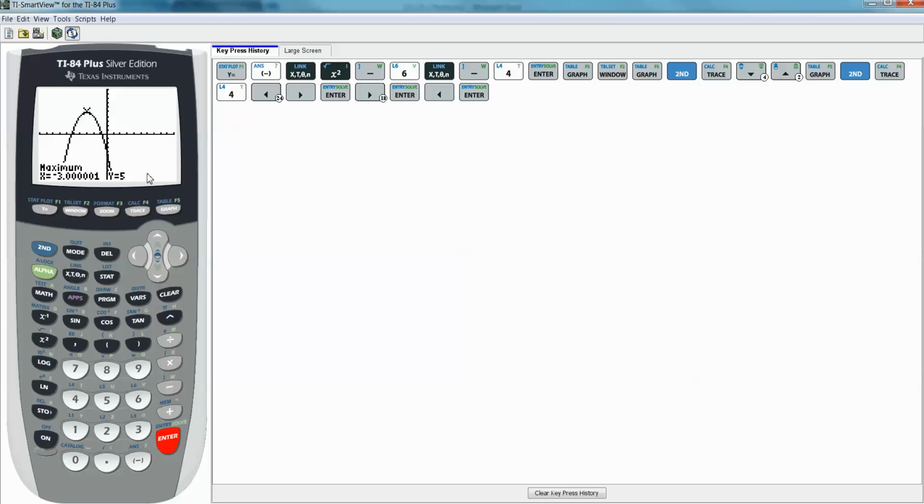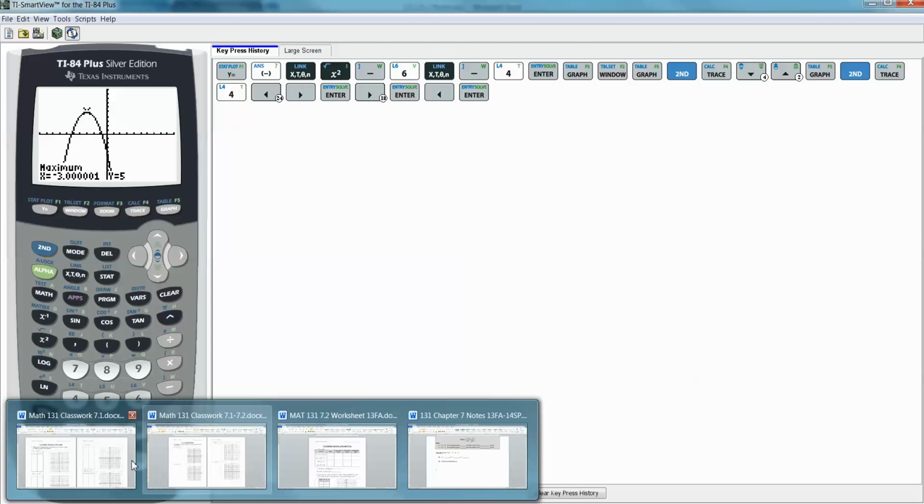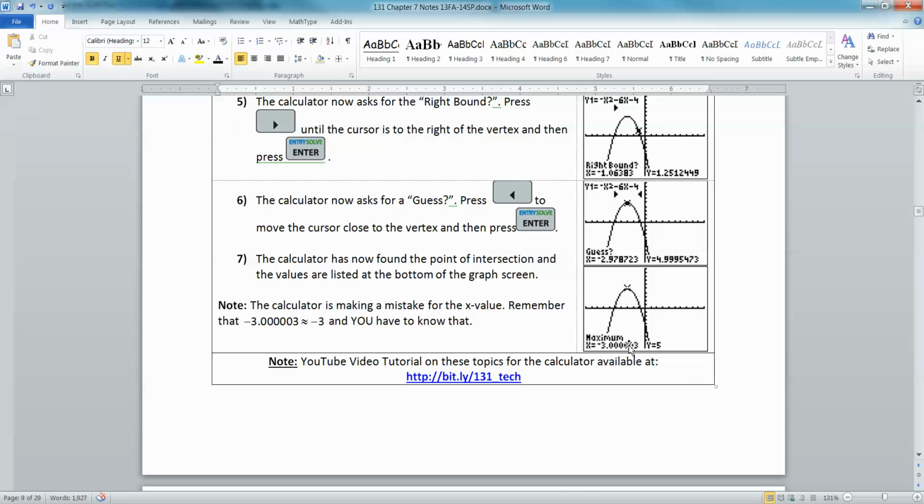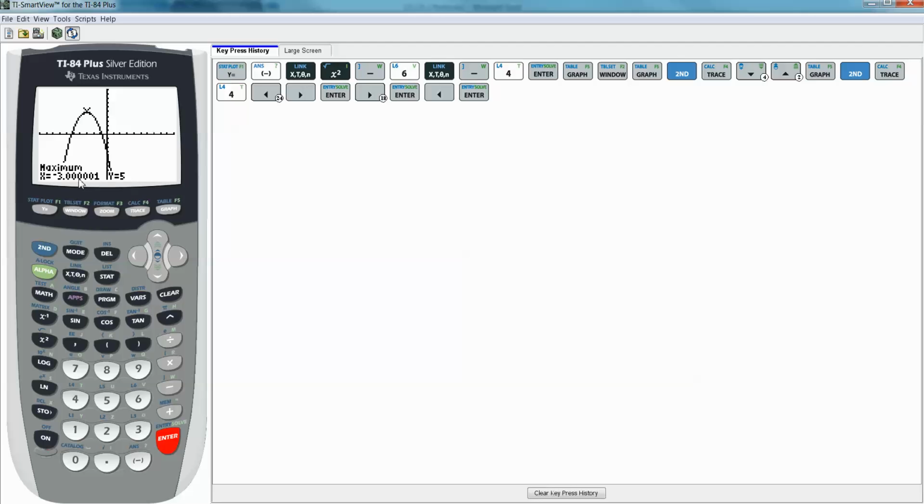And there it is. Now notice it totally messed up. I'm so glad it did that. That happens sometimes. The other time that I did it, it messed up in a slightly different way. It made it negative 3.00003, and this time it made negative 3.0000001. It's not really messing up. The calculator basically runs a program, and I don't want to get into it, but it looks and looks until it gets a certain number of decimal places and says, nah, that's good enough.